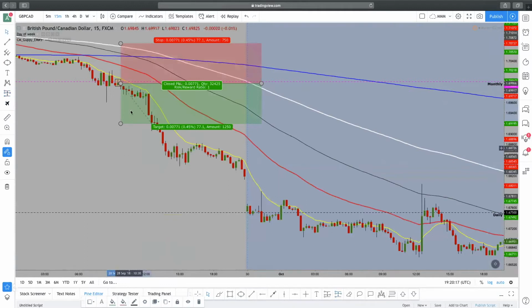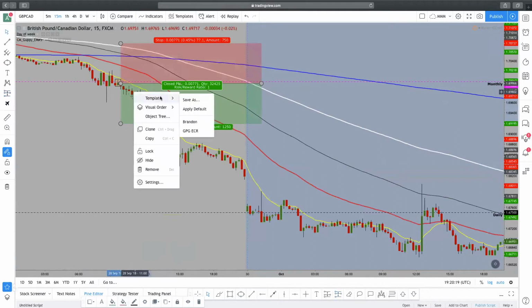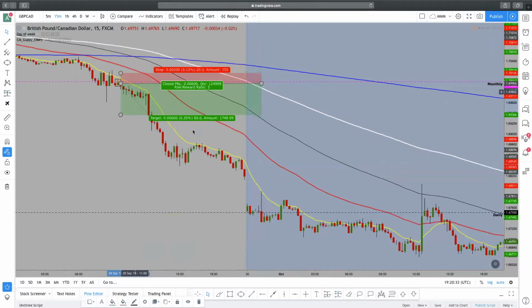So, Brandon has a 10 pip stop loss. But he usually trades Euro or USD pairs. Actually, he trades everything with a 10 pip stop loss. My bad. But for the GBP pairs, I go for a 15 pip stop loss and 60 pip profit, which is pretty good.